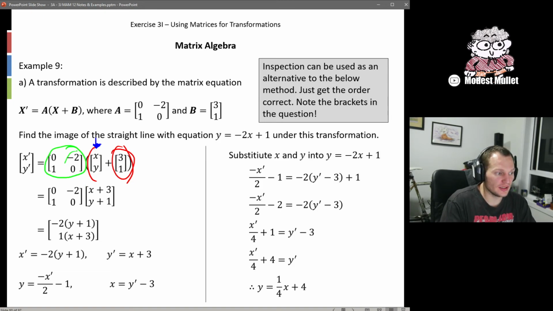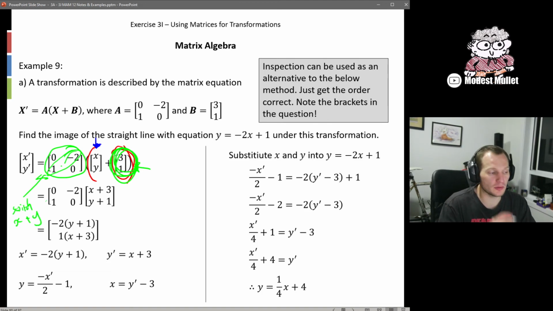As you can see, again, we're on the secondary diagonal, so you apply these first, the translations, then you switch x and y if you're doing inspection. Once you've done that, you can apply the rest of the dilations and reflections.